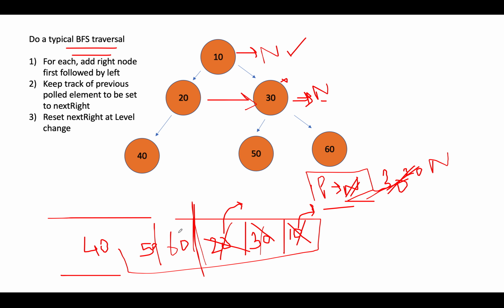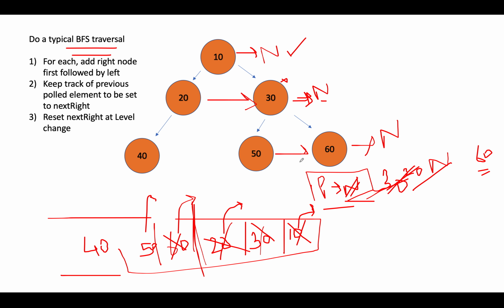So now previous next node points to null, and we don't have 20 in the queue. We'll pull out 60, and now 60's right will point to the previous node, which is null in this case. So this connection gets established, and since it doesn't have any children, we'll just move ahead, and previous node gets updated to 60. We got 50 now. 50's right will point to 60, the previous node value.